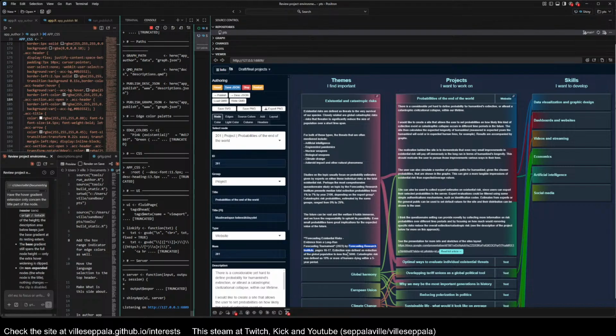They had this definition of catastrophic risk: 10% or more of humans dying within a 5-year period. So that's a definition of this kind of catastrophic event.